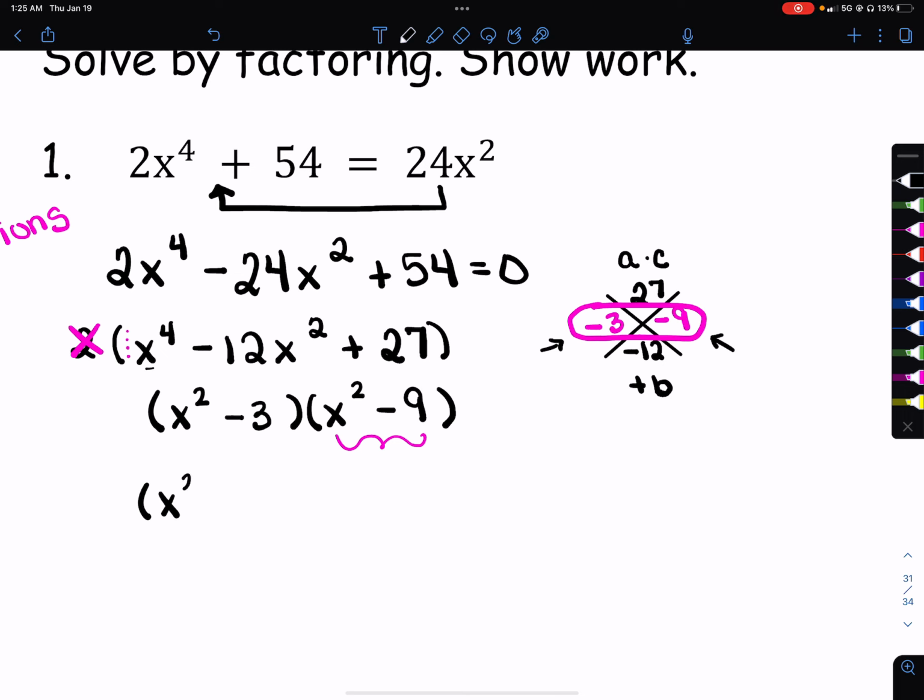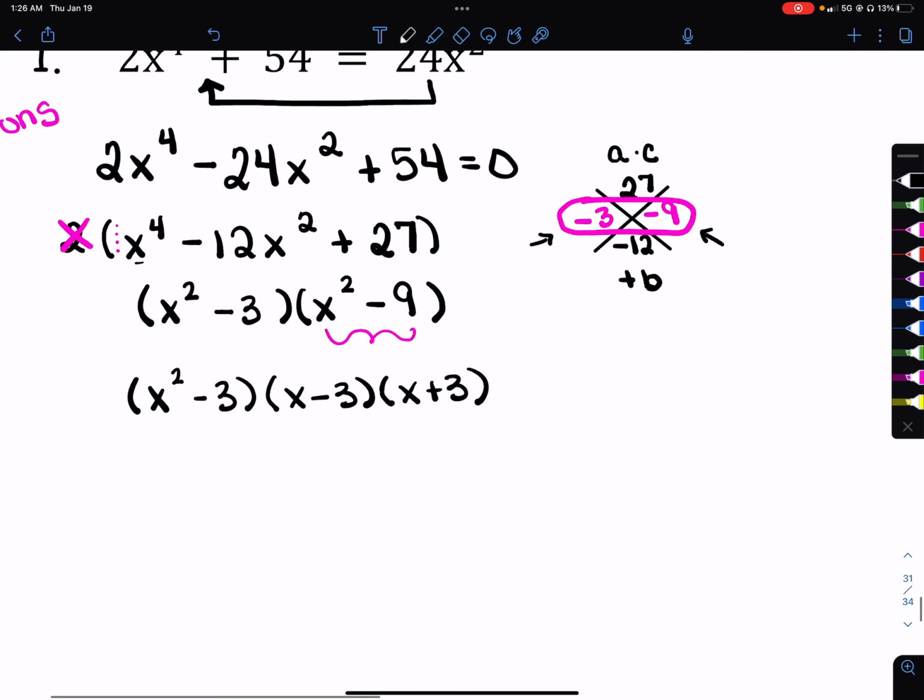So I'm going to keep x squared minus 3 for the first one. X squared minus 9 can be factored into x minus 3 and x plus 3. That is our special case formulas. That's from last Thursday.